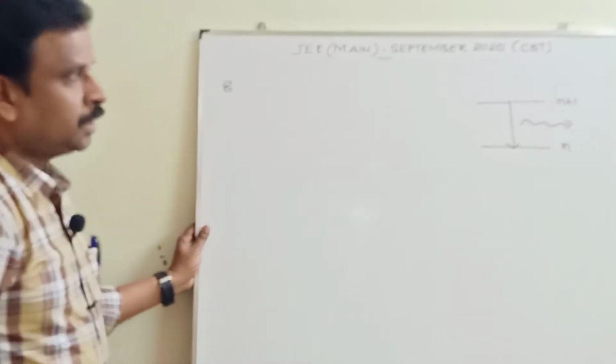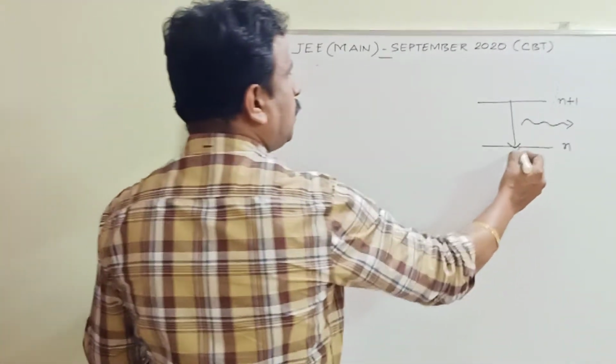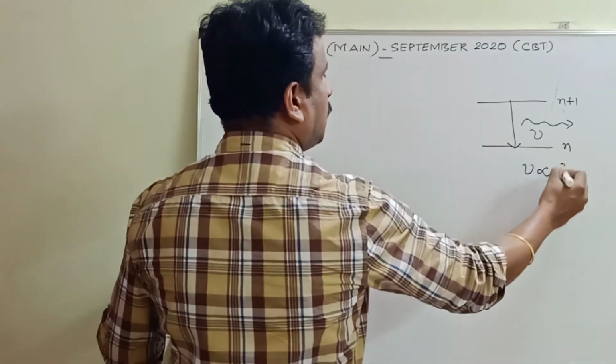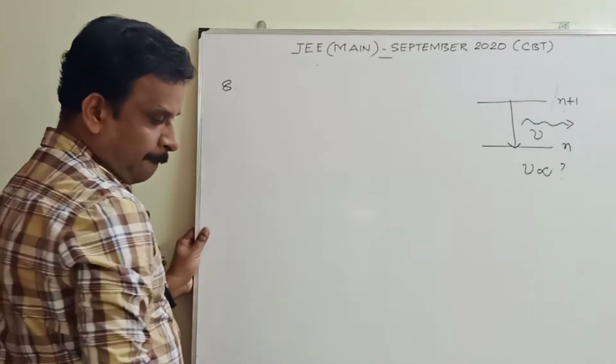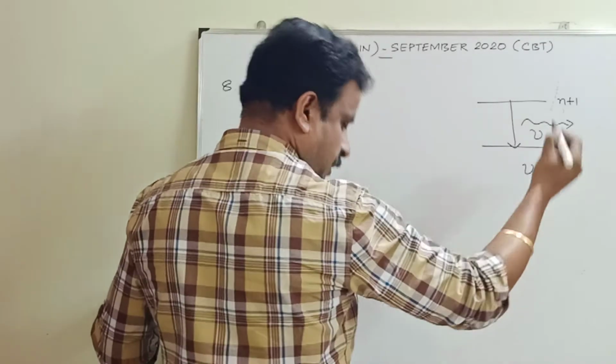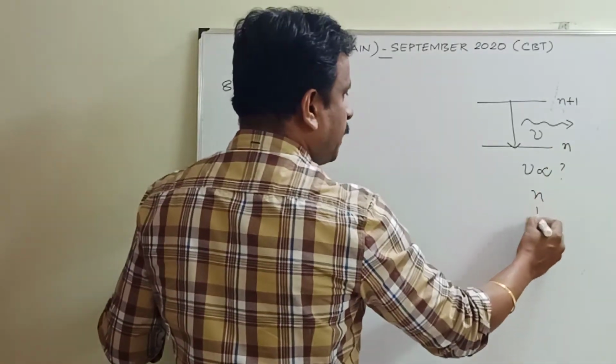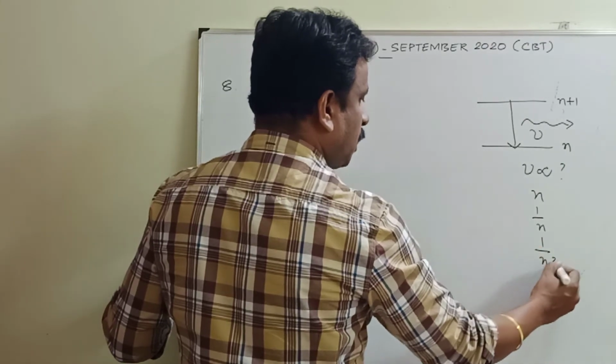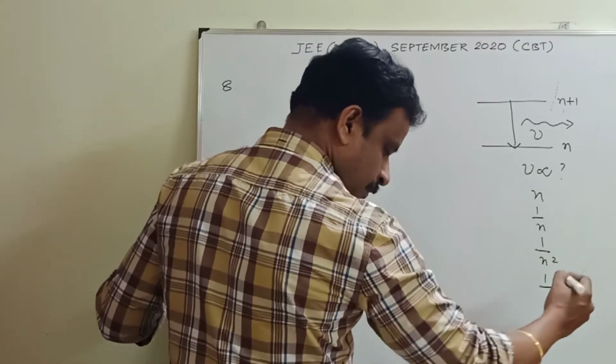That is the question. The frequency of the emitted photon is proportional to what? Your options are n, 1 divided by n, 1 divided by n square and 1 divided by n cube.